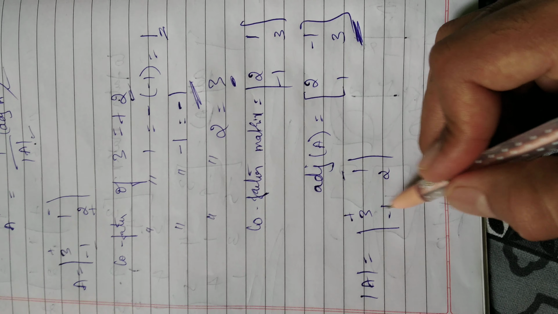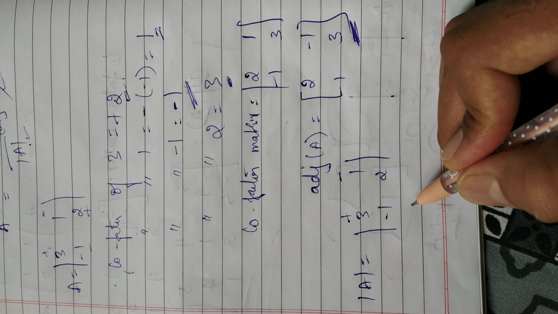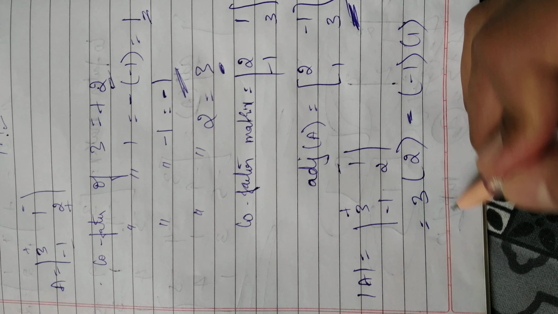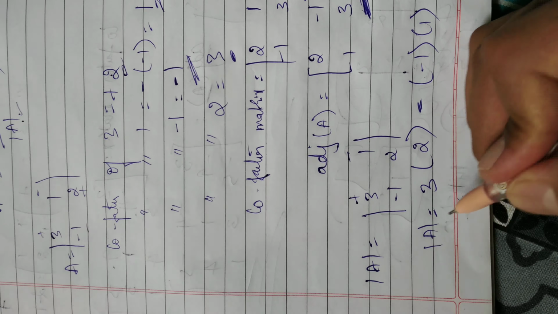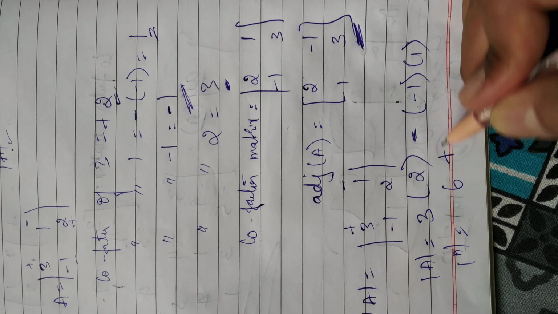The determinant will be 3 into 2, minus minus 1 into 1. So the determinant of A is 3 twos are 6, minus into minus goes plus, so plus 1.